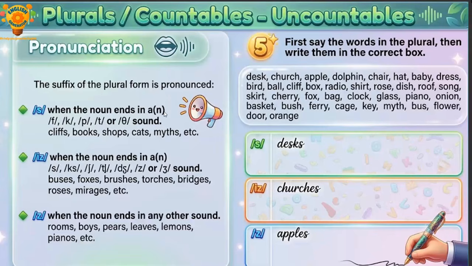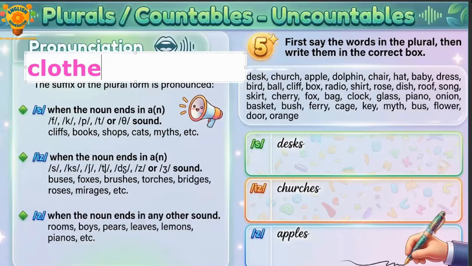No, we don't say clothes like that. We say mess as it is, and we say clothes as it is, because I noticed that some learners do that. No, it's clothes, not clothes.